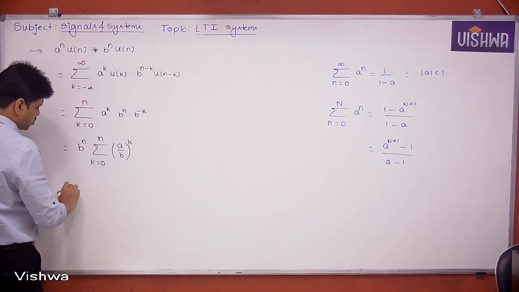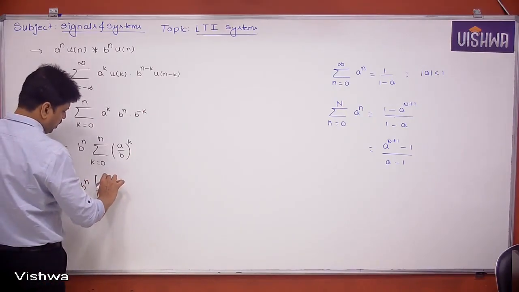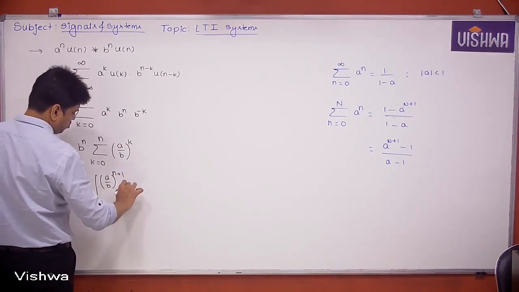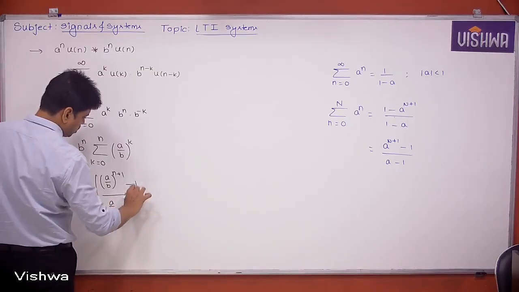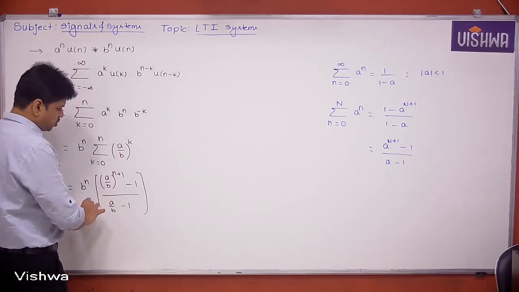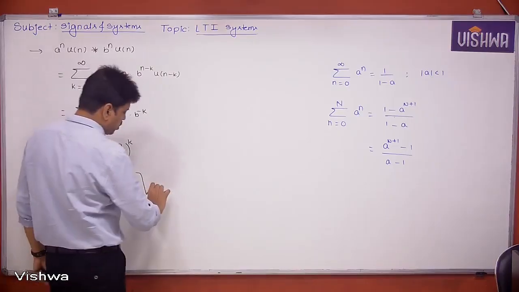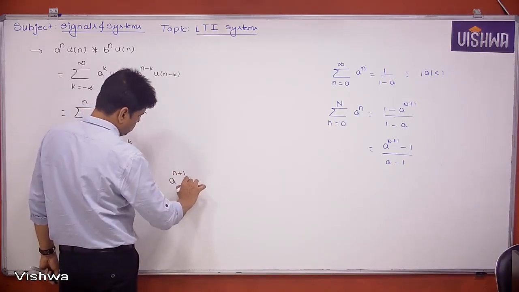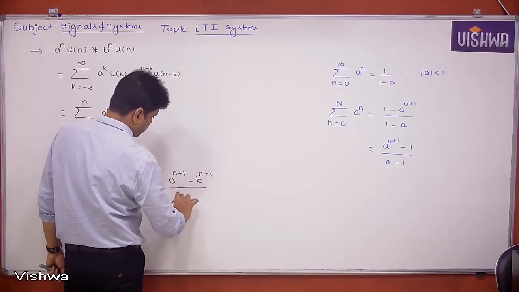Then this is going to be b power n times ((a by b) whole power n plus 1 minus 1) by (a by b minus 1). So if I take b power n into the bracket and a by b minus 1, you are going to get (a power n plus 1 minus b power n plus 1) by (a minus b).